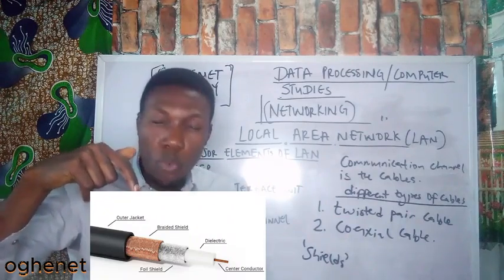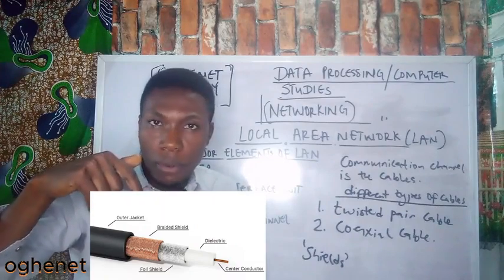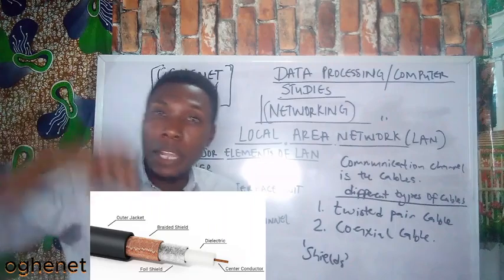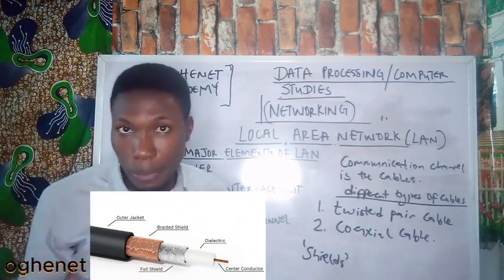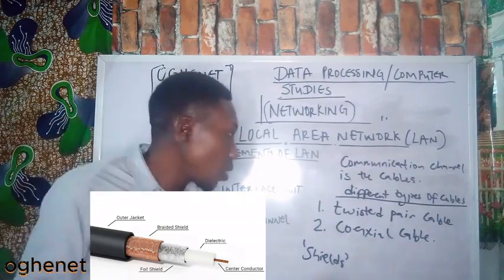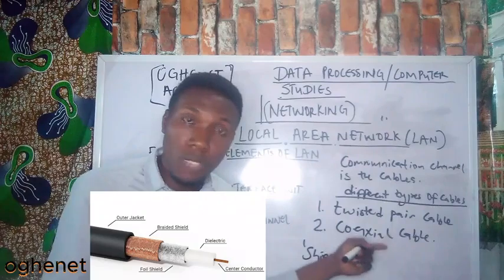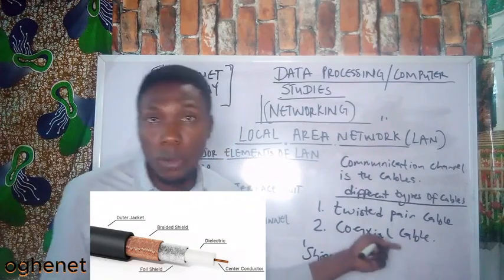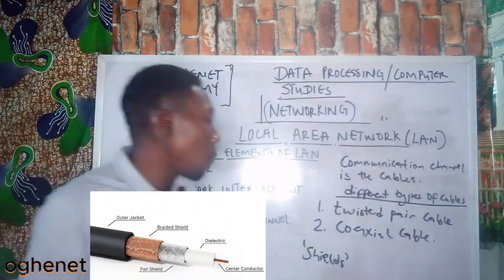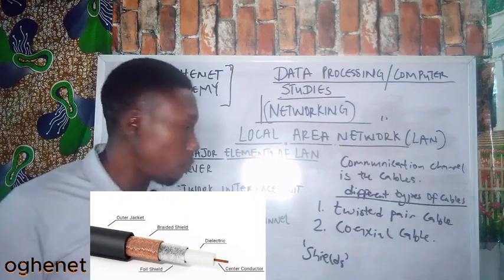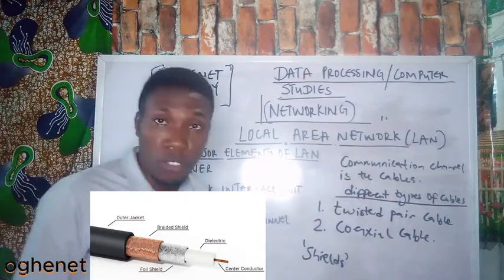Then you see a white body before you see the main copper wire. Most of us are familiar with this particular coaxial cable. It's one of the cables that is used in local area network for the transmission of signal, and it's one of the communication channels.